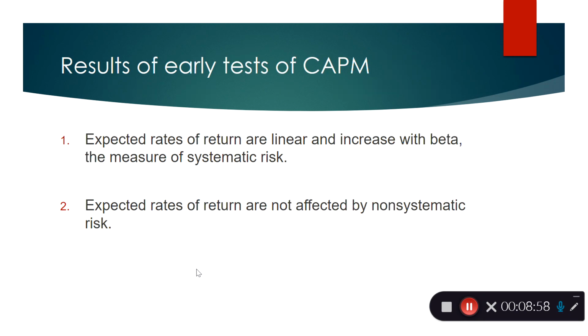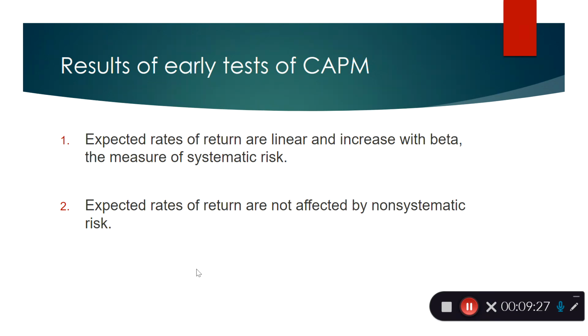So, okay, well, you're like, well, that sucks. Then why am I still using CAPM? Well, many papers have examined this, and overall, they'll say, yeah, there are issues with it, but expected returns on average are linear and do increase with beta as a measure of systematic risk, meaning beta does work. It might not work perfectly, but it does work, and there is a linear relationship. So let's not throw away beta entirely.